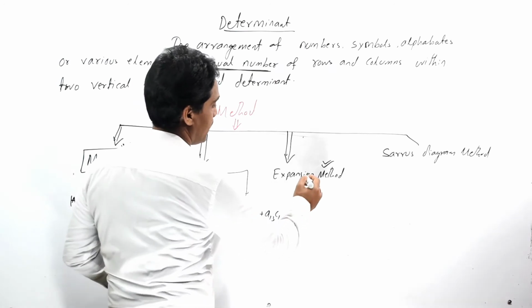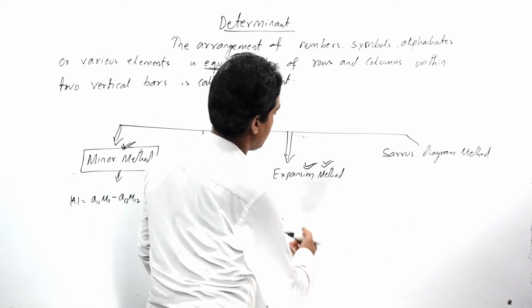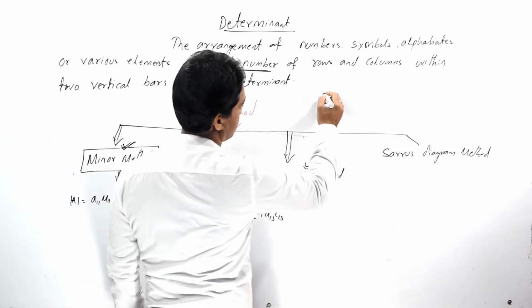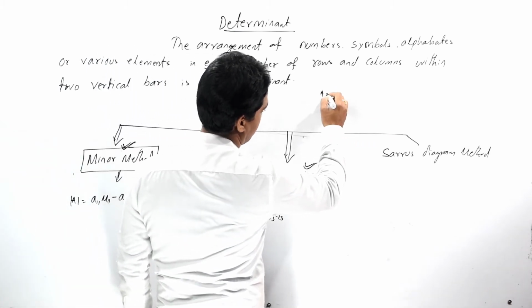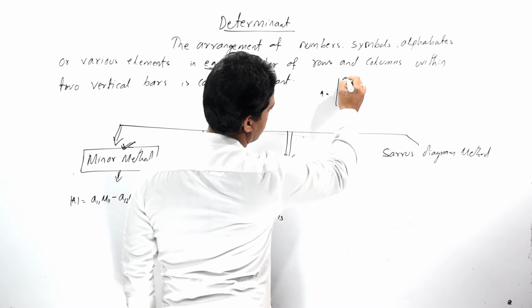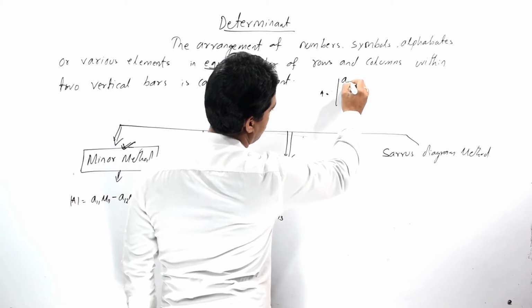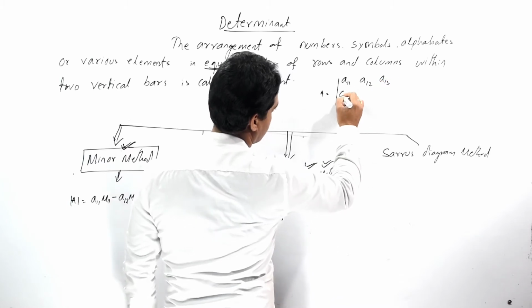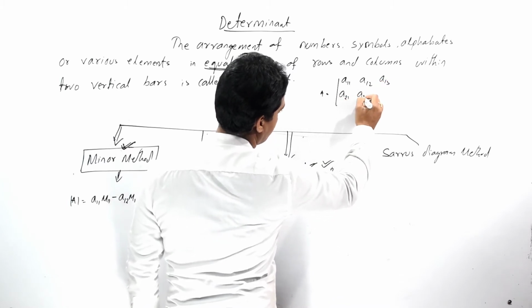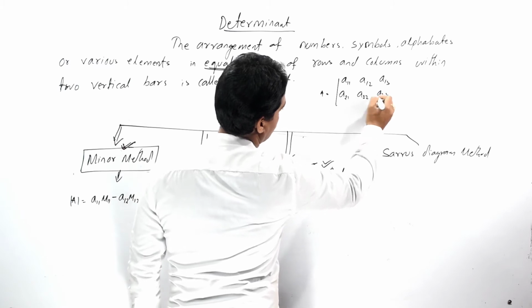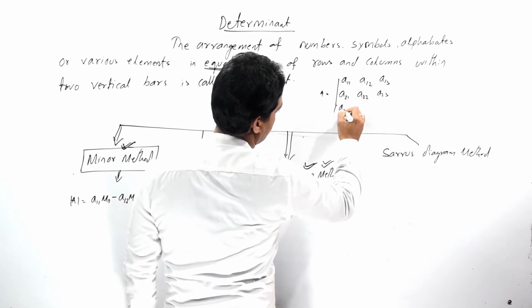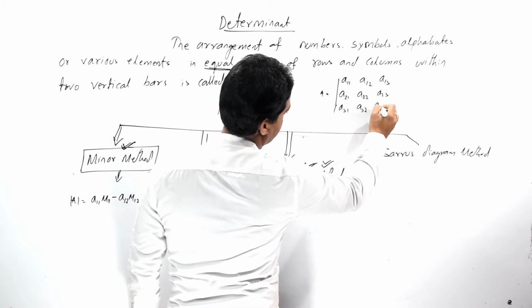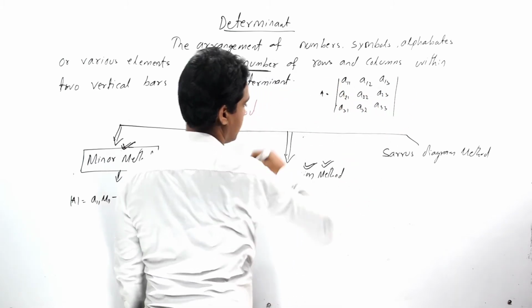For this, we must first write the elements of our determinant, that is A11, A12, A13, A21, A22, A23, A31, A32, A33.